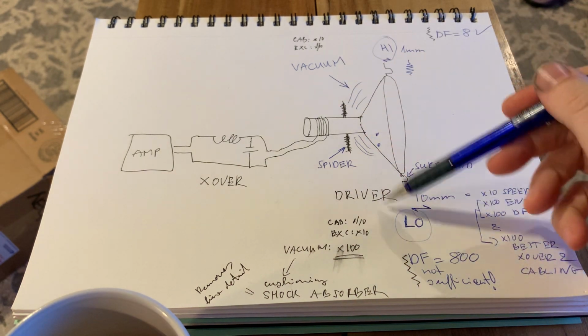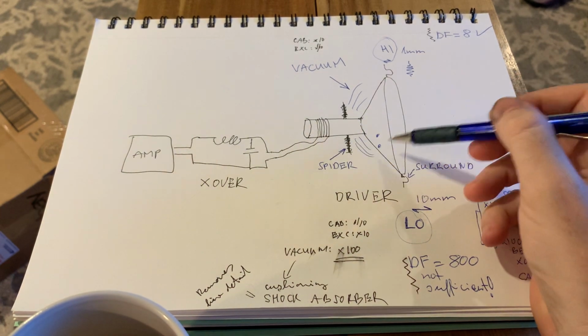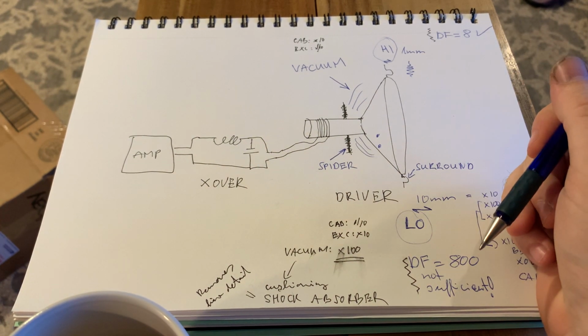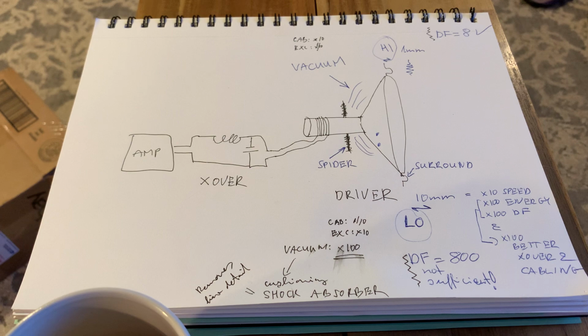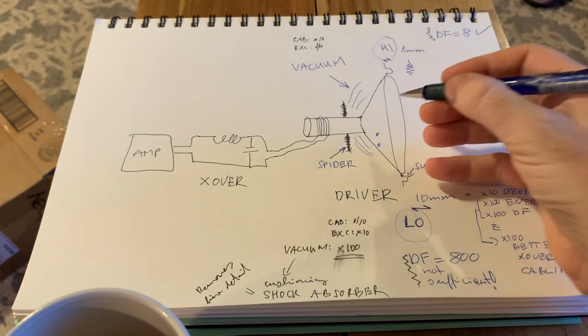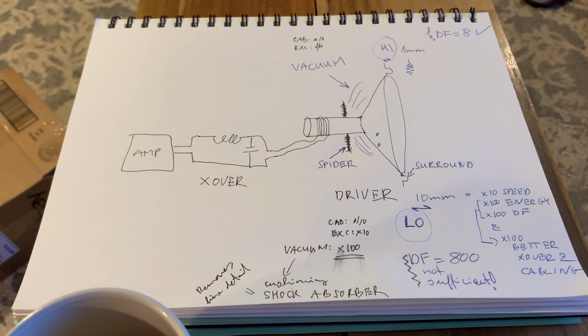So for a low efficiency driver, it's like having a very strong brake on your driver cone assembly at all times. And I know everyone in the loudspeaker industry is really obsessed about making the cone material as light as possible.